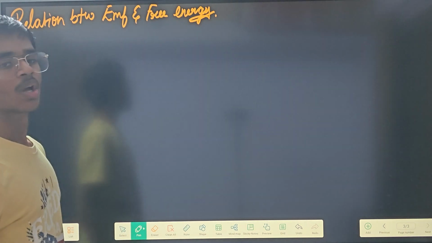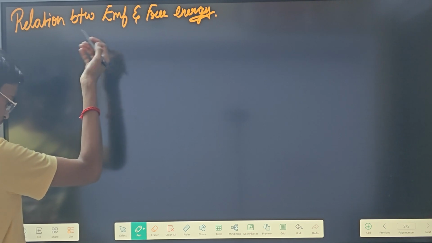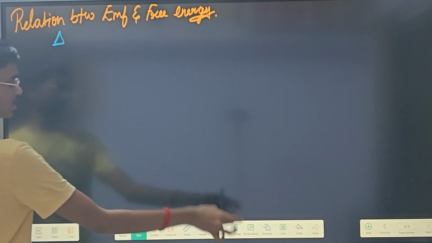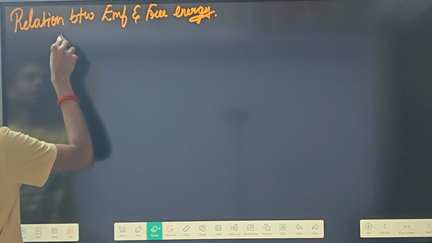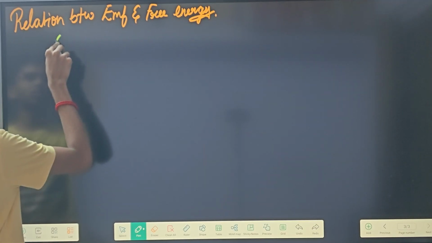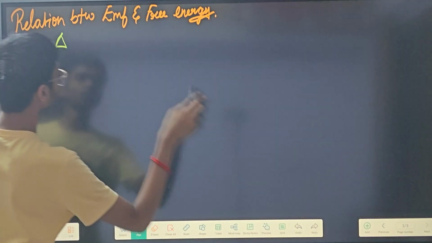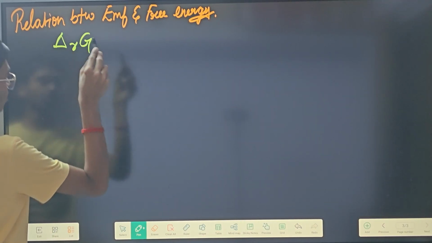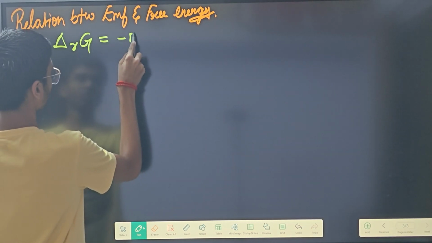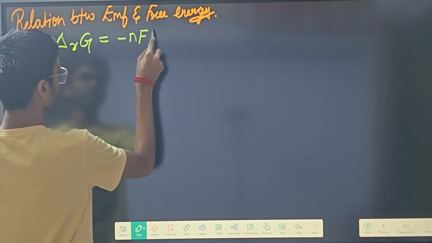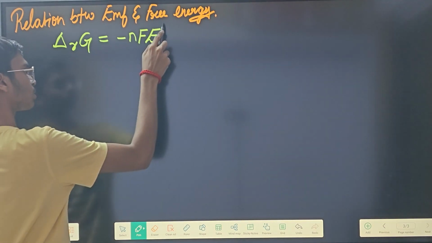So what we have to prove is that delta rG is equal to negative of nFE, so negative of nFE naught.